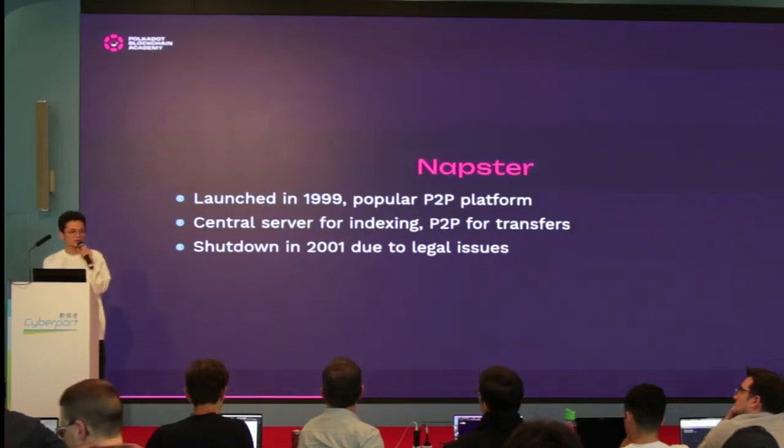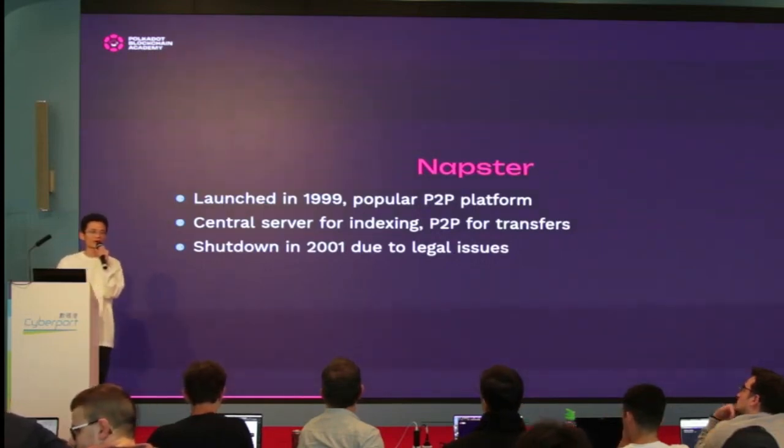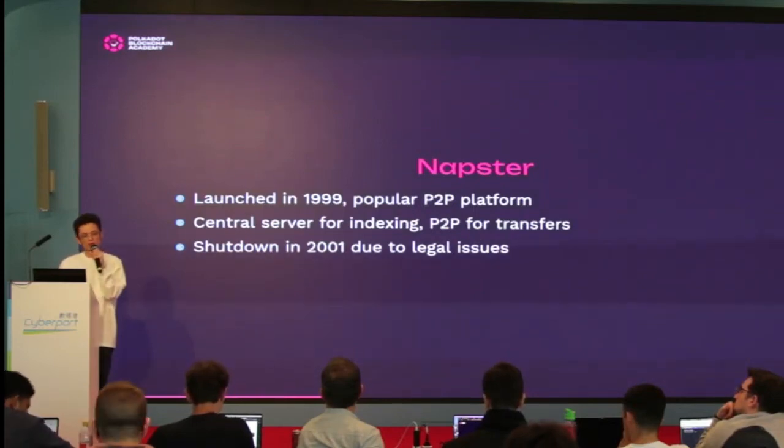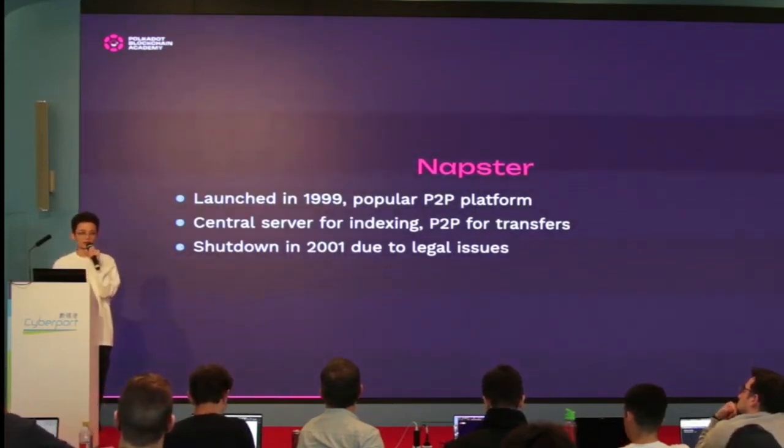So the Onion network is primarily designed for anonymity. It's not primarily designed for peer-to-peer data sharing, I have to say.